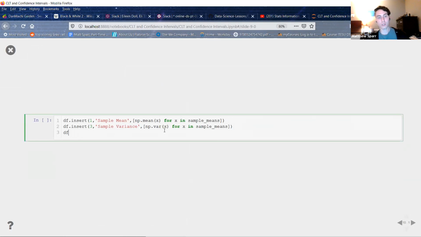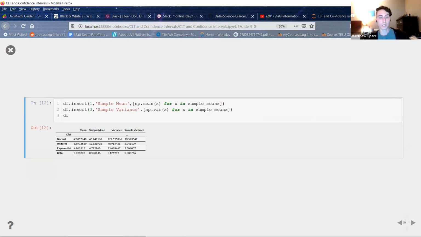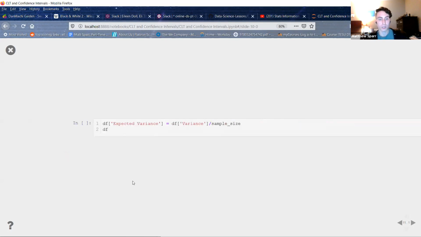So now if we insert those sample means and sample variances into our data frame, we can compare. Our means should be equal to our sample means according to that first feature of the central limit theorem. And we can see that most of them are close. They would get even closer if we increased either the number of samples or the sample size. And then the variance should be the population variance divided by the sample size.